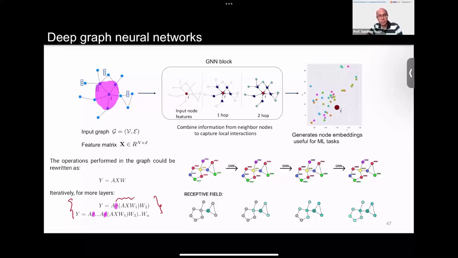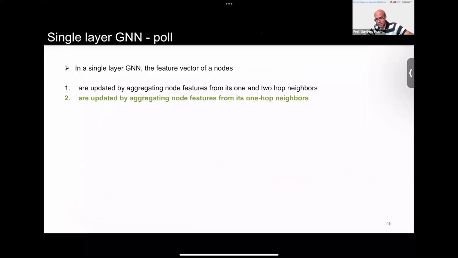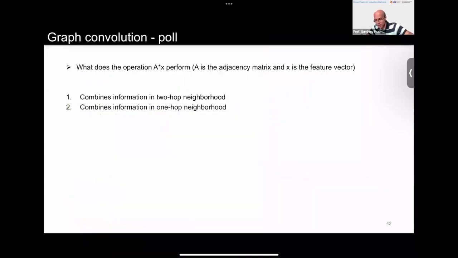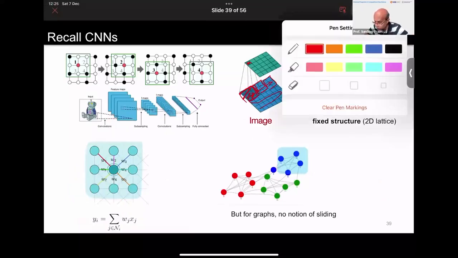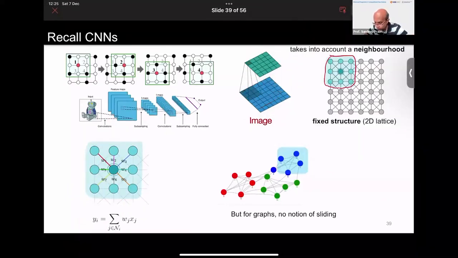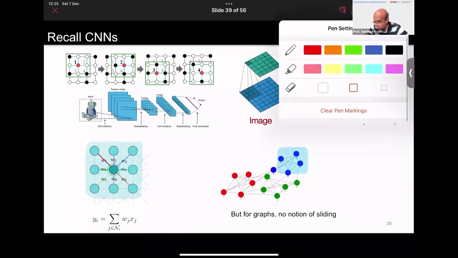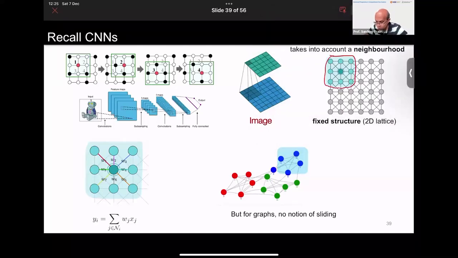So every time we are working with one hop aggregation, which is very similar to what we did with CNNs, right? So how did I get information from the faraway pixels? If you look at this image, at this layer, I'm only combining information from these pixels, and this I'm combining from this.